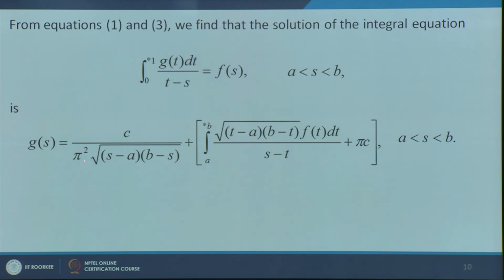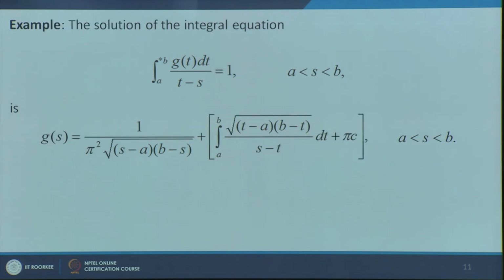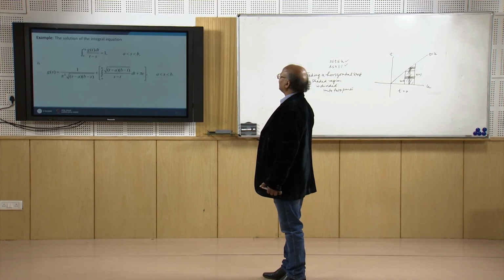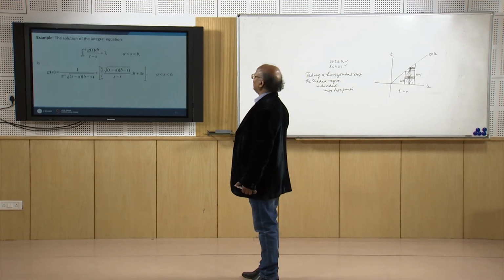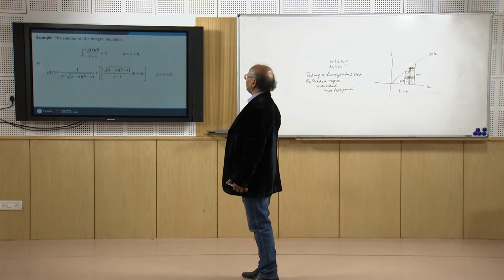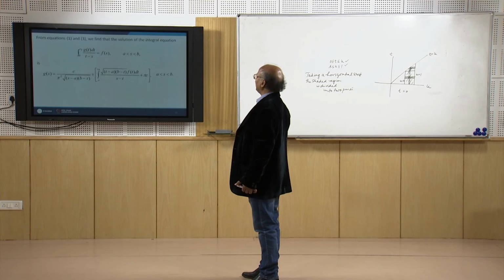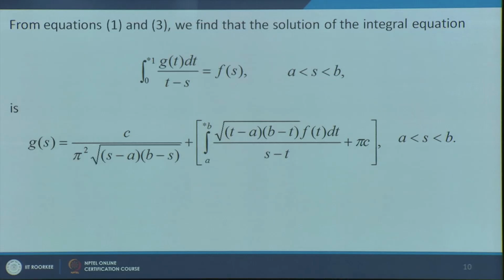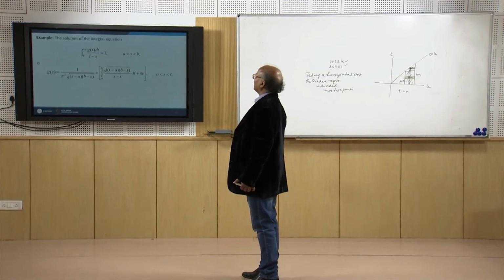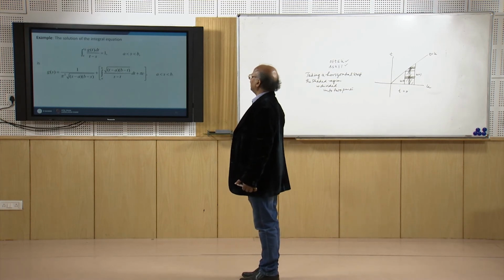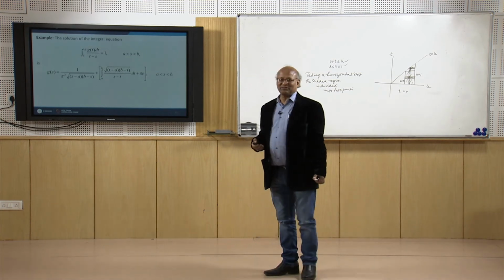So c upon pi square root of s into 1 minus s, integral 0 to 1 square root of t into 1 minus t, and f(t) is given to be equal to 1. So we have this dt integral, and the interval of integration is a to b, so we will get this. You can simply put f(t) as 1 here, and we get the solution of this Cauchy integral equation of the first kind. With that, I would like to conclude my lecture.